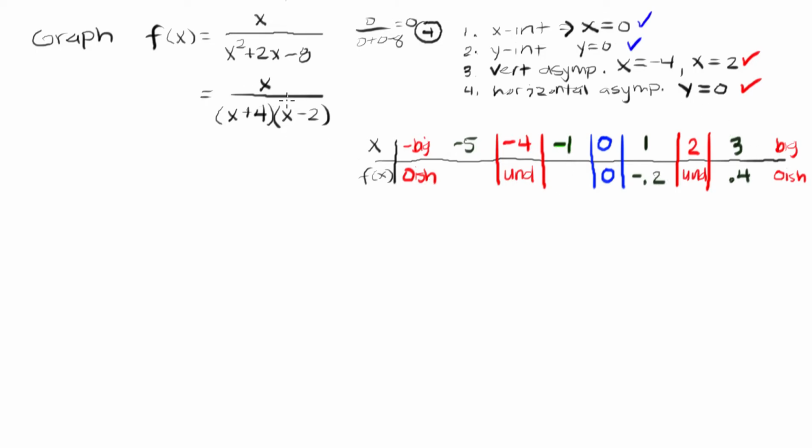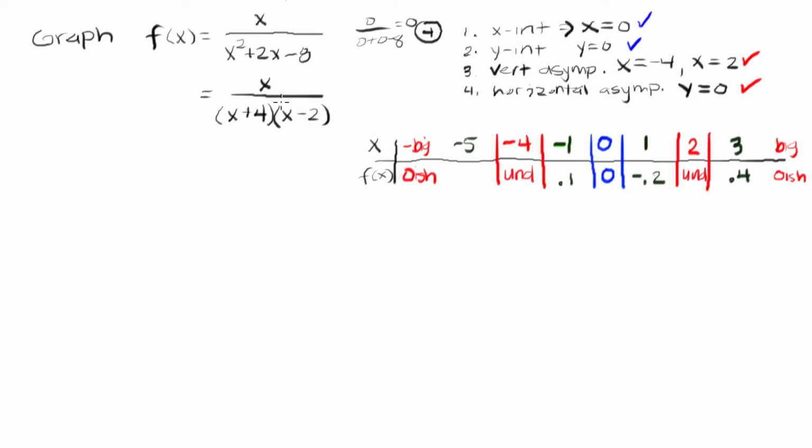Next, plug in -1. When I plug in -1, this is going to give me -1, 3, and -3. You'll notice that I have 2 negatives, which means I'm going to have a positive, and 3 times 3 is 9. So this is going to be 1/9, or 0.1. I was going to say 0.1111, but 0.1 works. That's just as good. Next, plug in -5.